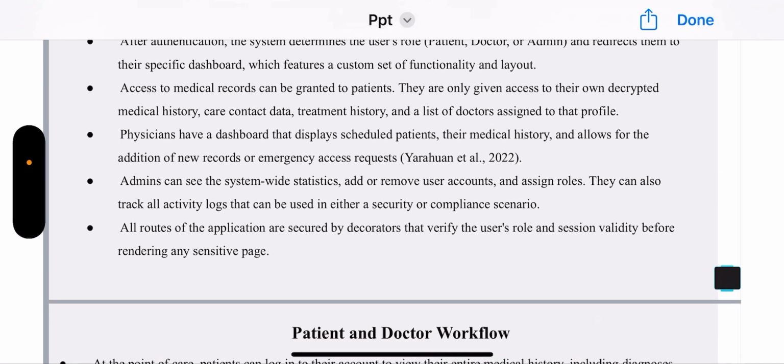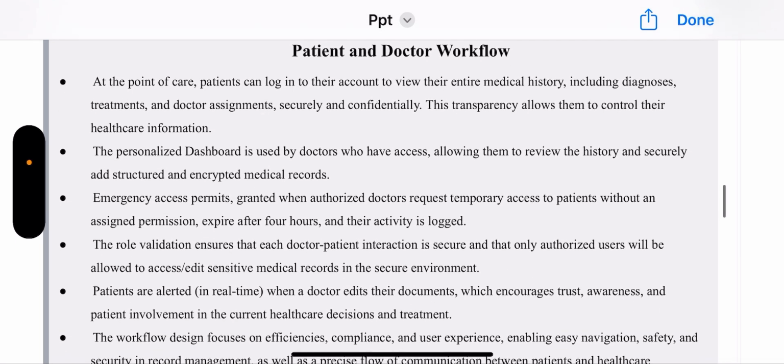The doctor and the patient should have portals, because the patient will be going through many other departments of the hospital. So the patient data should be maintained very securely, and whatever the doctors need should be given to them.